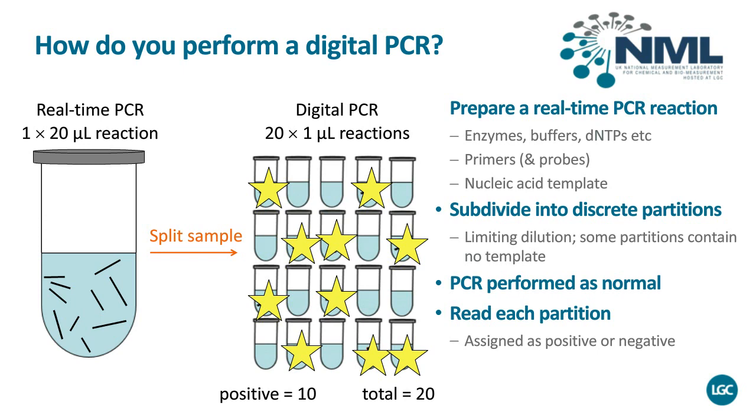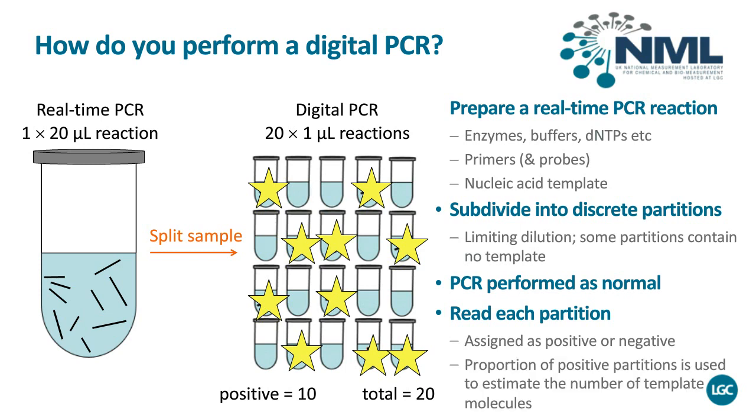And it's just looking at the proportion of positives out of the total number that gives you the copy number concentration. You do need to apply a Poisson correction, because as the concentration of your template sample increases, the probability of you getting more than one molecule in the partition also increases, and the Poisson correction allows for that.